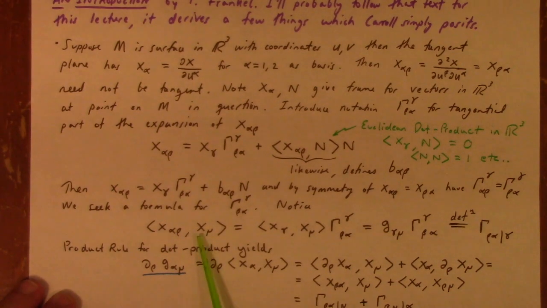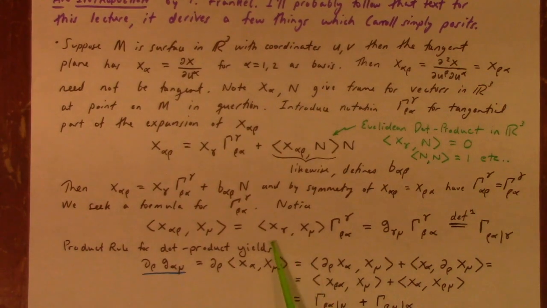Well, that's going to get rid of the normal piece, and so you just get the dot product of the coordinate velocities with the symbol here, but that is essentially by definition g gamma mu, because this is like the basis in the gamma direction, basis in the mu direction, so that gives you the component. So we're using a basis for the tangent space. We're using the partial derivative vectors, right? And I'm not saying these are normalized, okay?